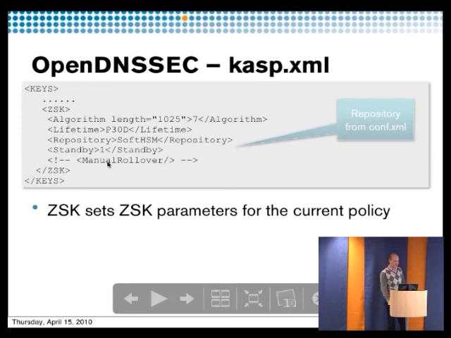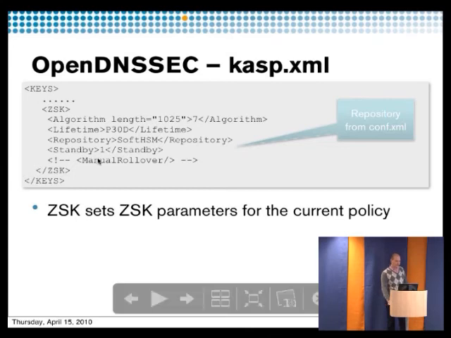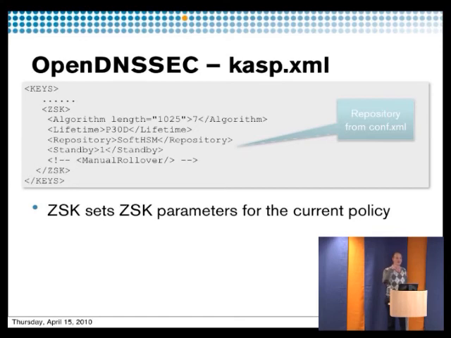But you can also add the manual rollover tag, and that means that OpenDNSSEC won't roll the key automatically for you. This is a special case if you want to specify that the keys should be rolled exactly on the first of each month. Then you just set up a cron job, which does it for you, and then call a special command to OpenDNSSEC to do a key rollover.